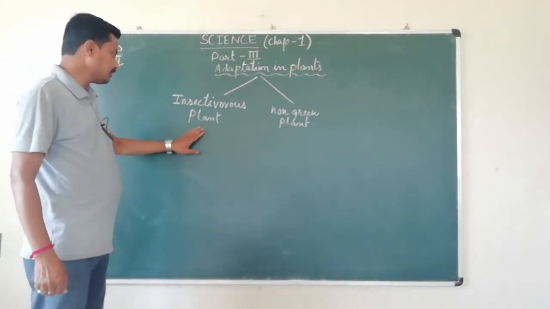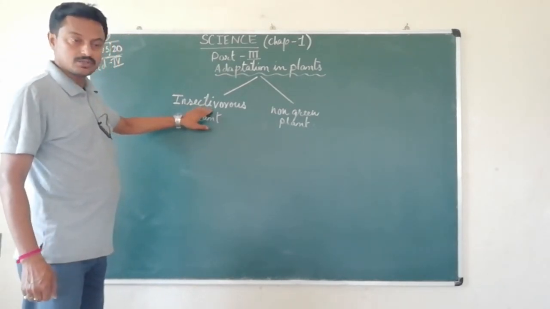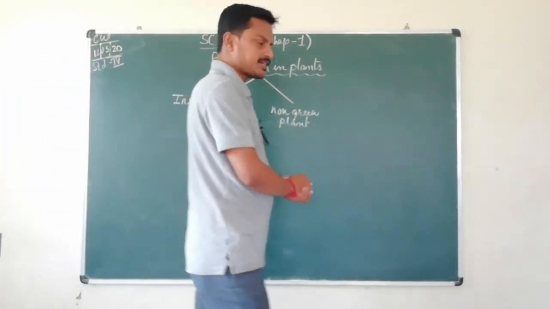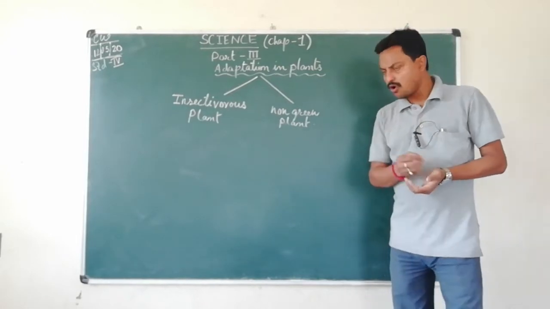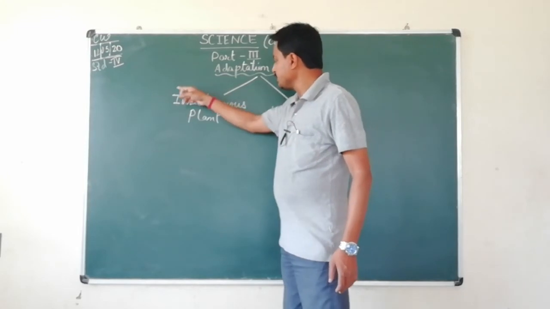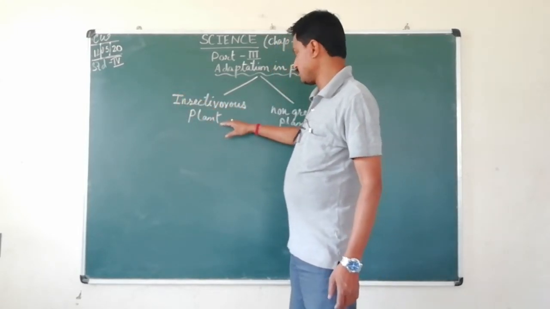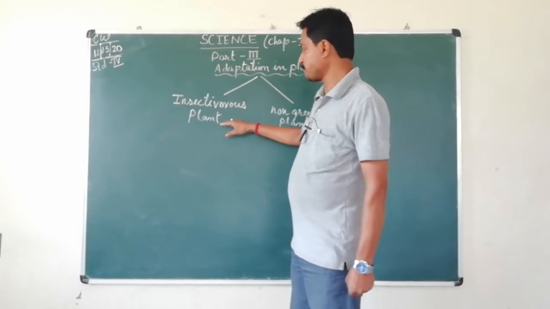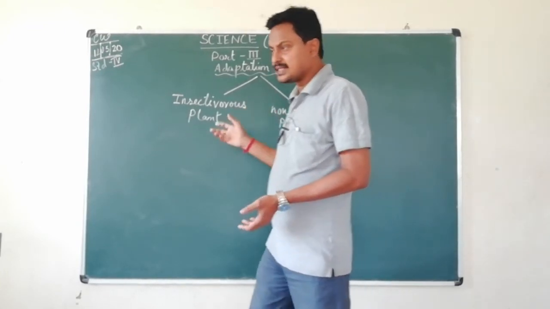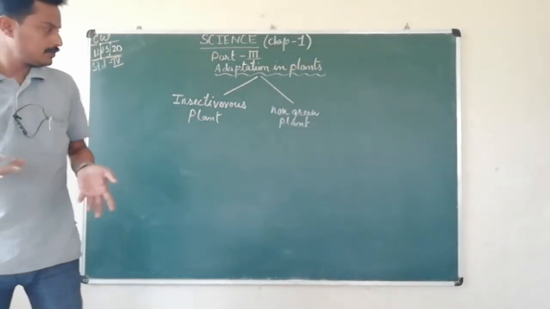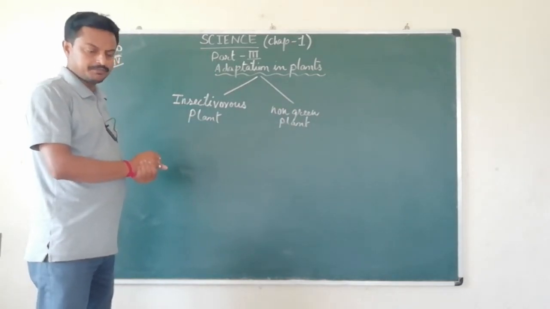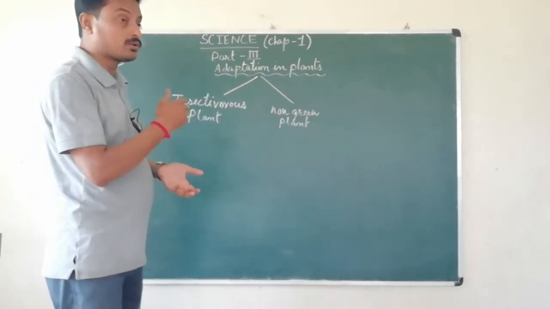The plants which eat insects are called insectivorous plants. Small organisms like insects, pests, frogs, and other things like that are eaten by this plant in order to get nutrients. First of all, we have to see where this plant grows.